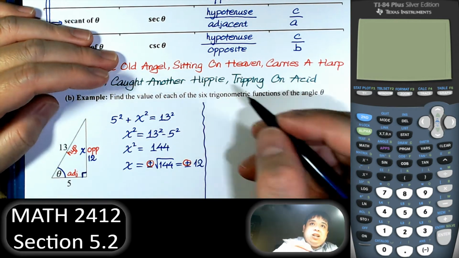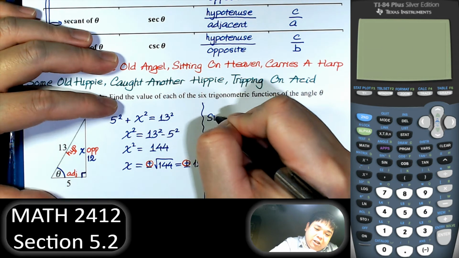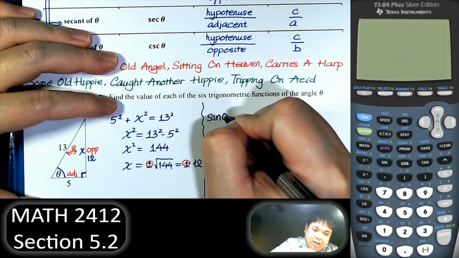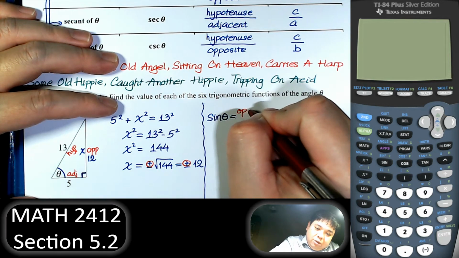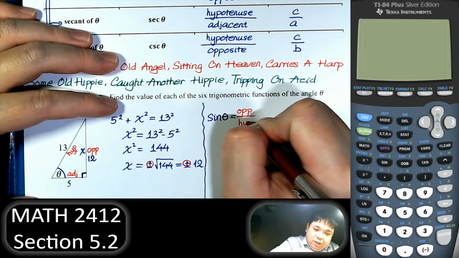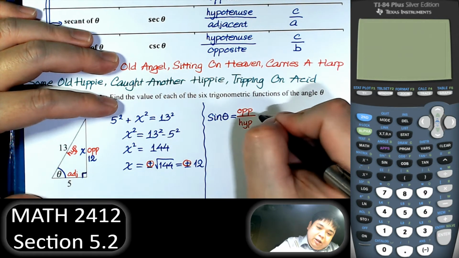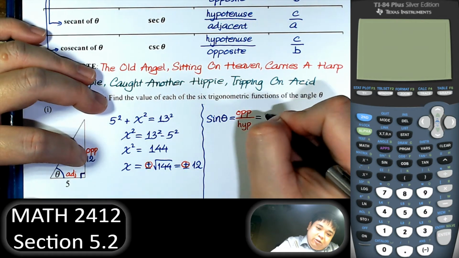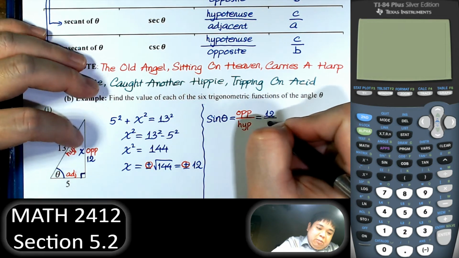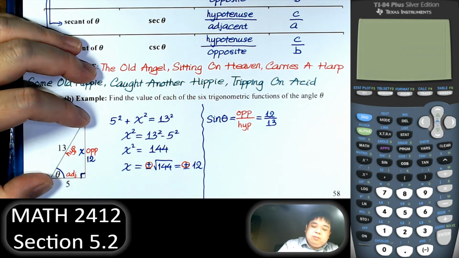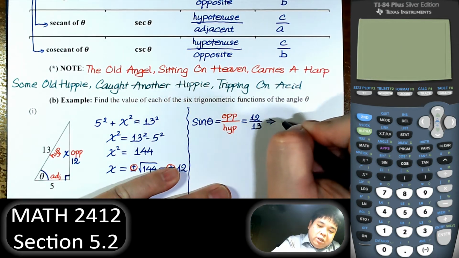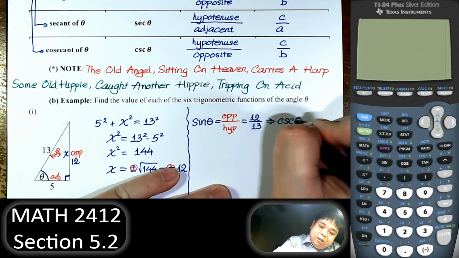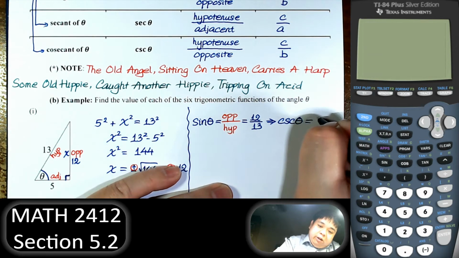Just write the 6 trigonometric functions. Sine of theta is opposite over hypotenuse. Opposite is 12, hypotenuse is 13. Right, so that is sine. The reciprocal of sine is cosecant, so it will be 13 over 12.